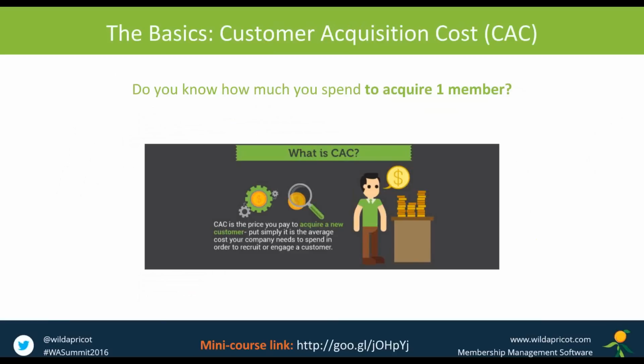That money that you're spending on each member could come in the form of holding an event where you ask your existing members to bring customers, or any staff that you have on your payroll. Really, all those numbers totaled up, and then you divide it by the number of members that you're acquiring on a monthly or annual basis. And from that, you know, okay, to get one new member into my organization, it costs $50 or $100 or $500, right? And from my experience, most organizations or companies don't really know what that number is.